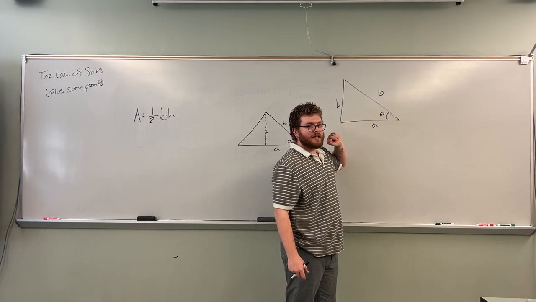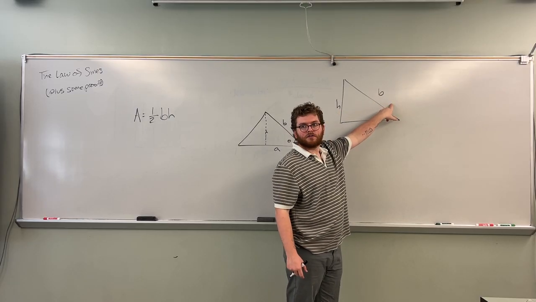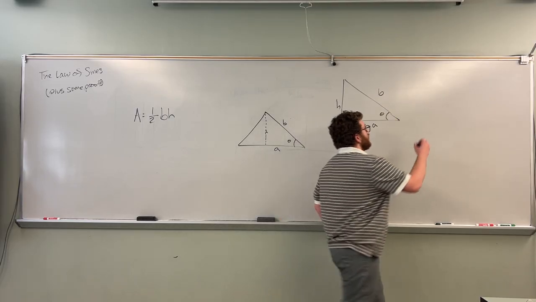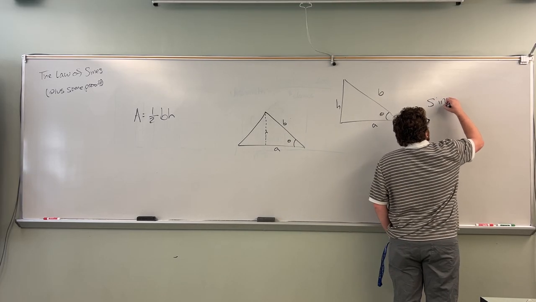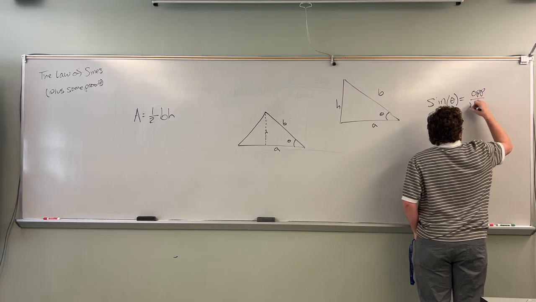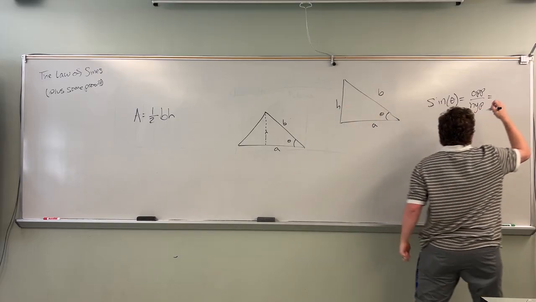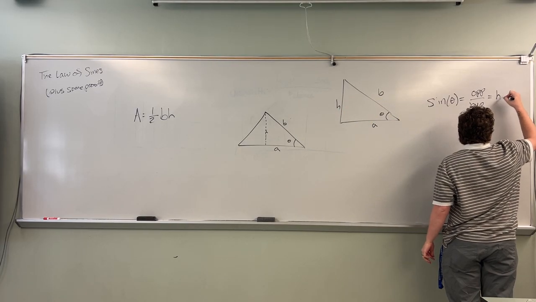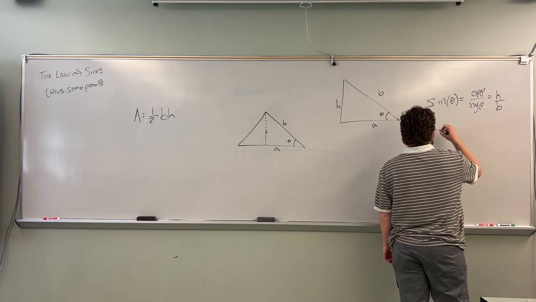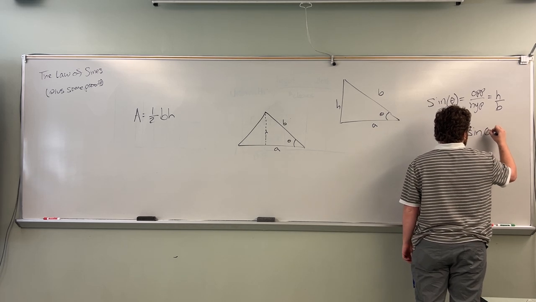What relates the opposite side with the hypotenuse? Sine. I have that sine of theta equals opposite over hypotenuse, which in this instance would be H over B. All right, so just solving, I have H equals B sine theta.